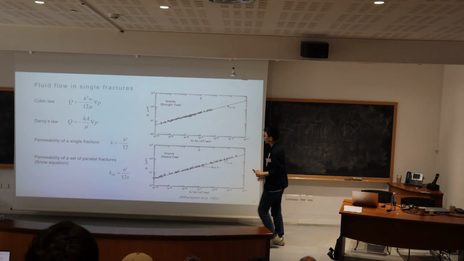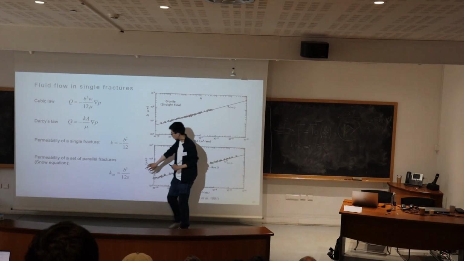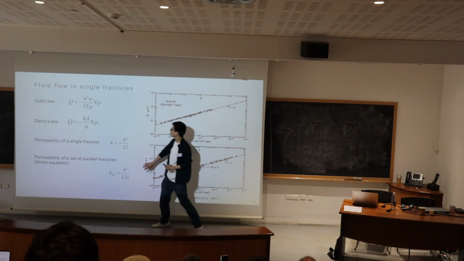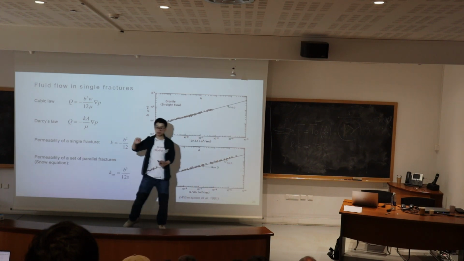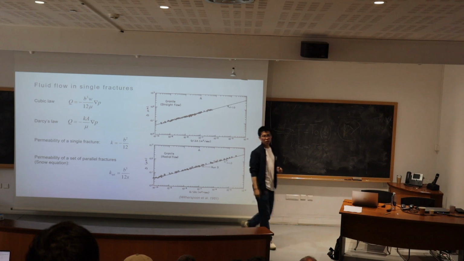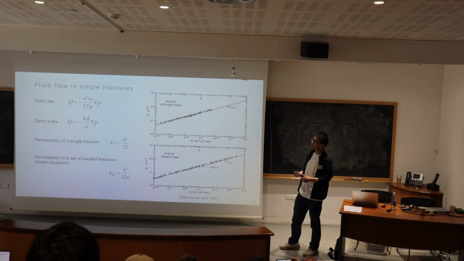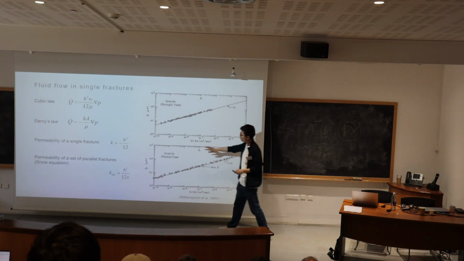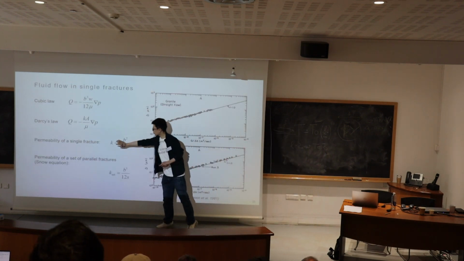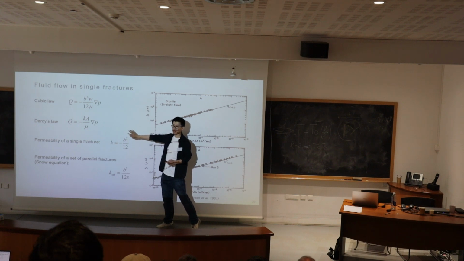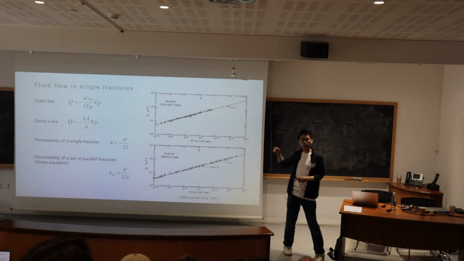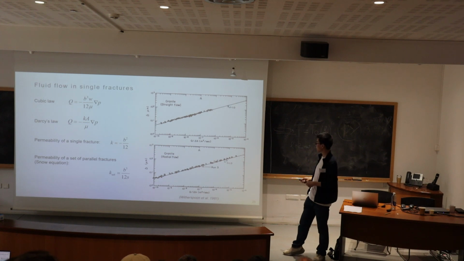Don't get confused with the Snow equation, which also has the power 3, but the cubic law is based on the flow rate in relation to the aperture to the power 3. So this provides a quite straightforward way to calculate the permeability based on the aperture. The aperture can be derived from the mechanical deformation that we have just talked about.